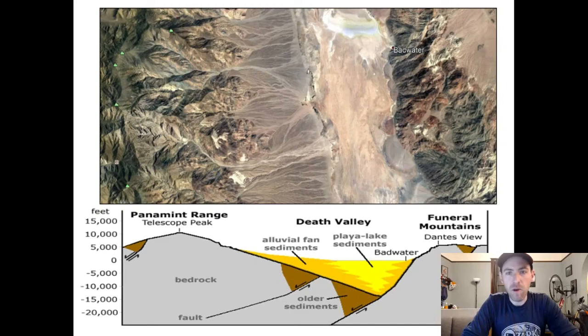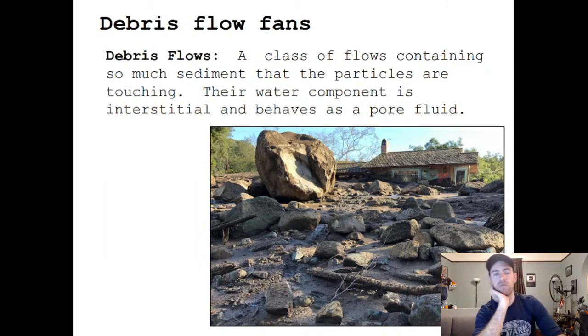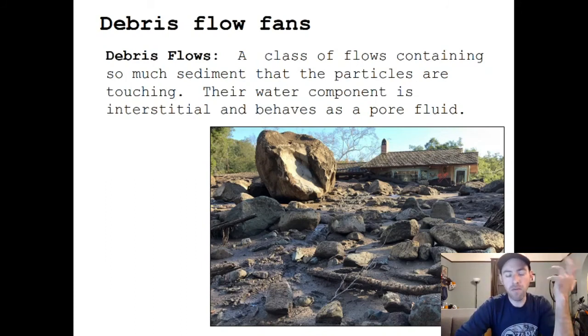We can move on from alluvial fans now to debris flow fans. These often have relatively similar shapes or forms, but they are different in their genesis and also have some different sedimentary or depositional characteristics.